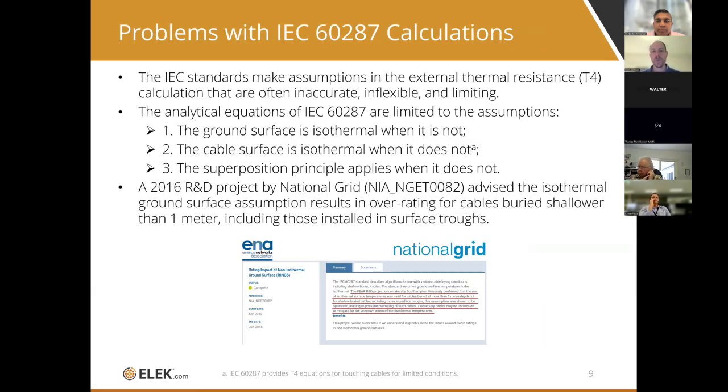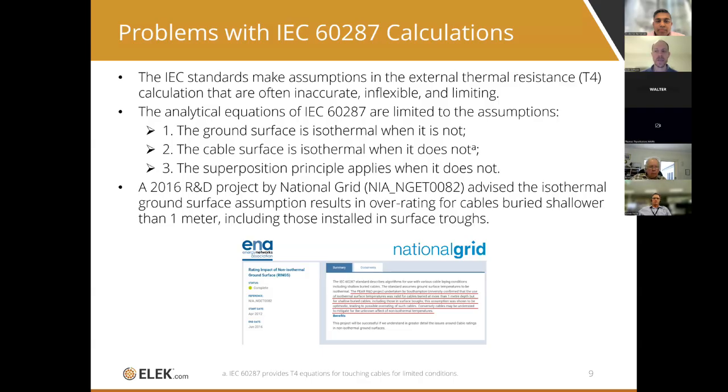So what are the problems with IEC 60287 calculations, and why would you use FEM? The IEC calculations make assumptions in the external thermal resistance calculation that are often inaccurate, inflexible, and limiting. So there are thermal resistances. It's a thermal network that we use to calculate the cable ampacity based on IEC.